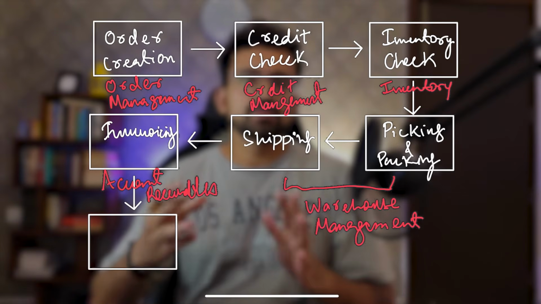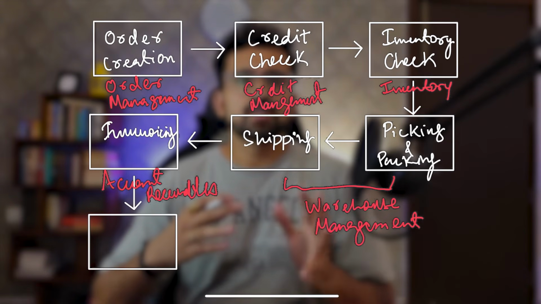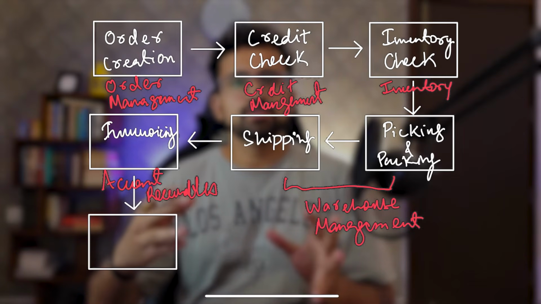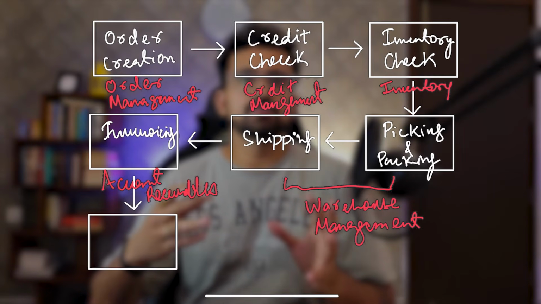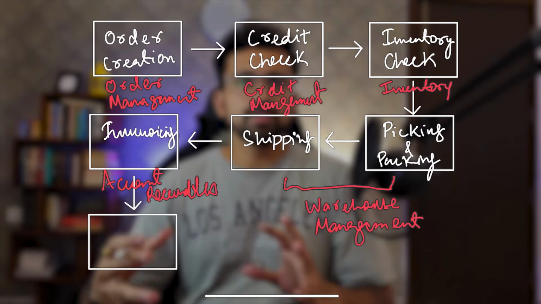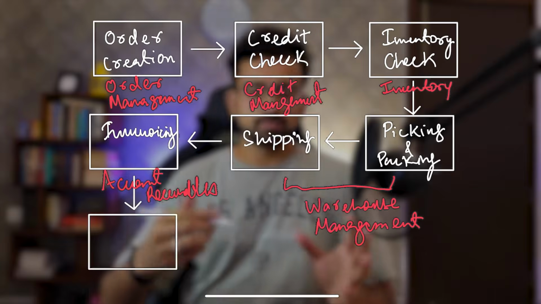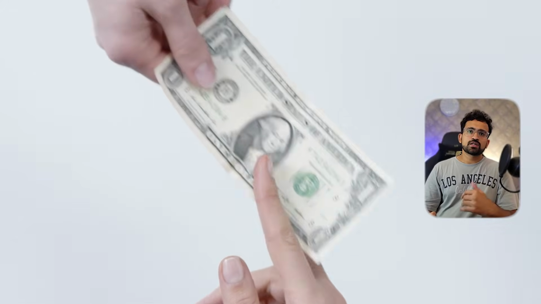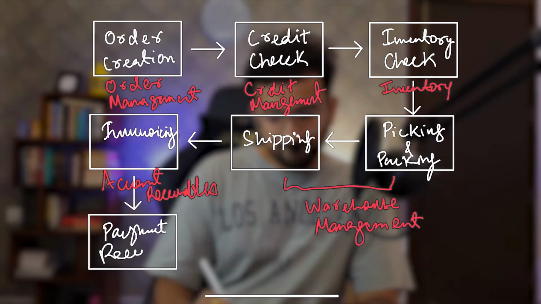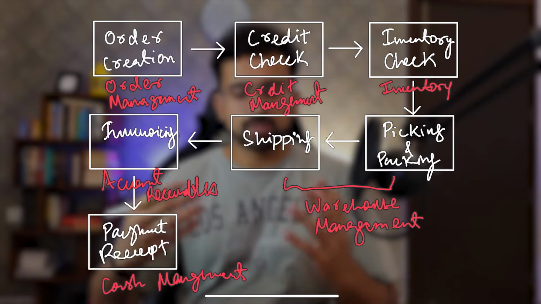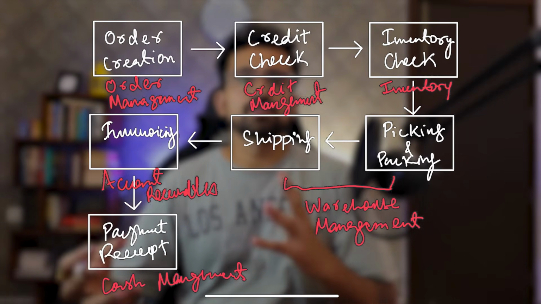The invoices which have come into the account receivable stand as the total due amount for the customer, and we are able to track the due amount effectively. And once the customer makes the payment, we record it in our system in our cash management module. Customer might make this payment through various methods.